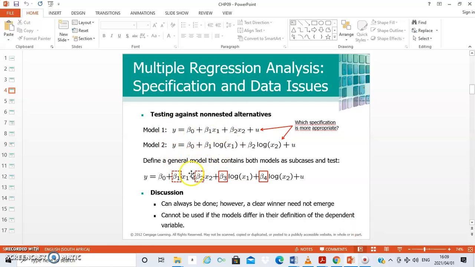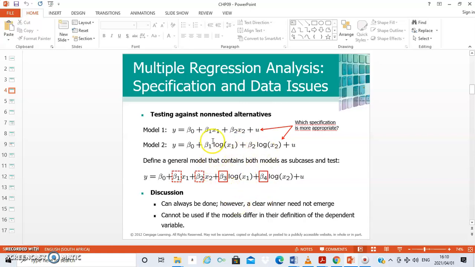Now, if we specify a general case where we have a combination of all of them contained in one model, then this becomes the non-nested model, and these become the nested models because they are subcases of this one. So you can then test whether or not to include or exclude the terms, and you definitely have a clear winner.